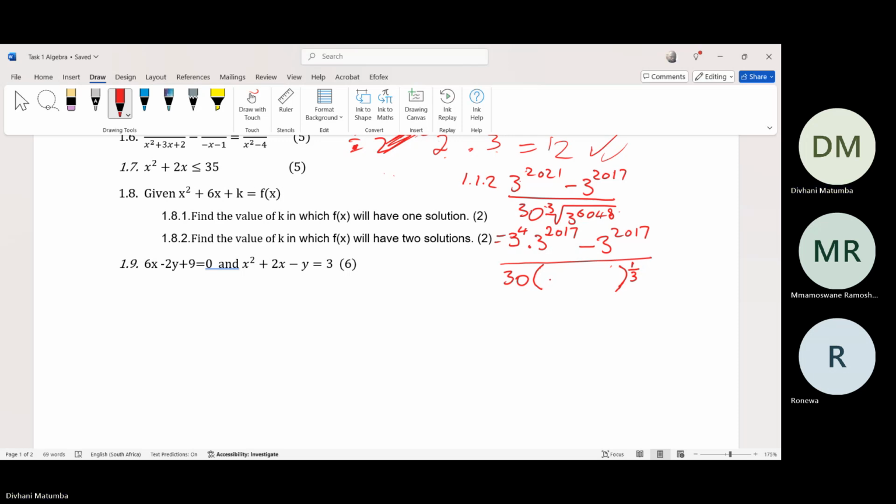Which, to express 3 to the power of 6048, I can say 3 times 2017, because I got 6051. To get to 6048, I'm going to have to subtract how much, Ronel?